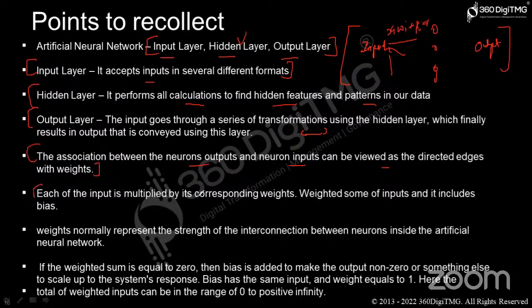Along with our inputs, we provide some weights, and we have a bias value, which is 1. Each input is multiplied by its corresponding weight, and we take the weighted sum of inputs, which includes the bias. This we have seen.